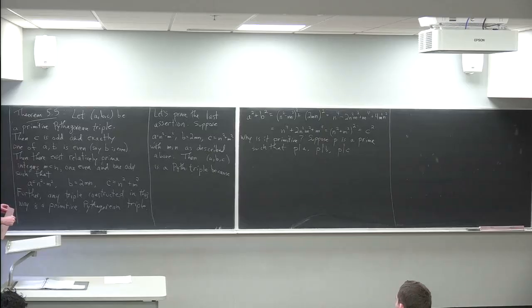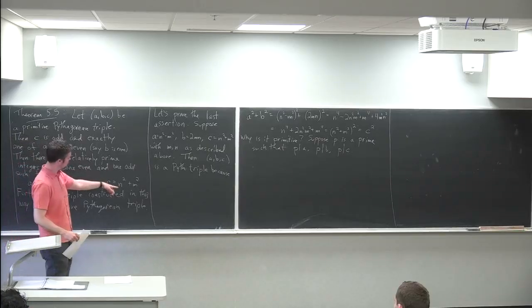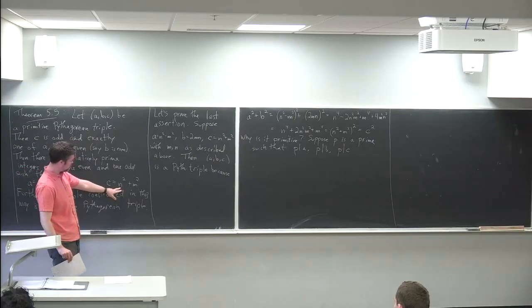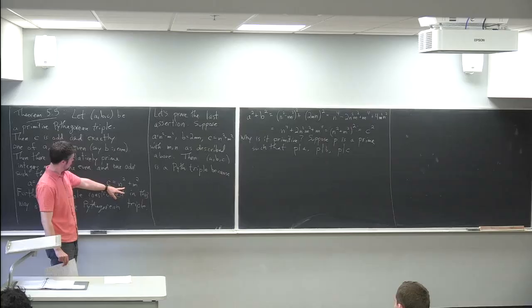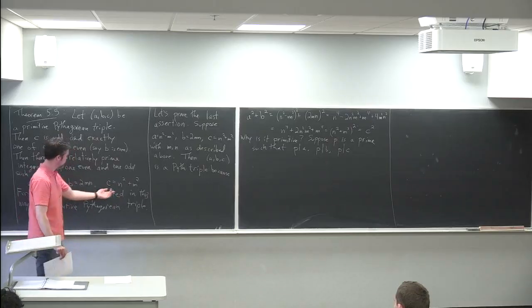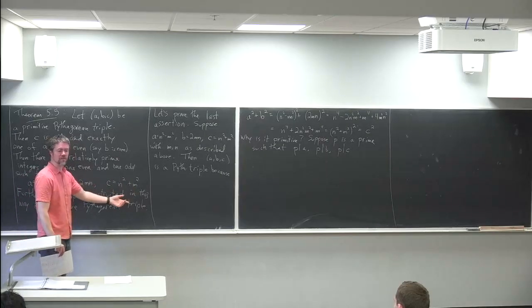So what we do know, by the way, is that C is odd. Strictly speaking, this isn't in effect here. What we're doing is we're taking an m and an n, one even, one odd, and building this relatively prime as well. Since we know one of n and m is even and the other's odd, a quick observation is that C does have to be odd, because the square of an even is even, and the square of an odd is odd.